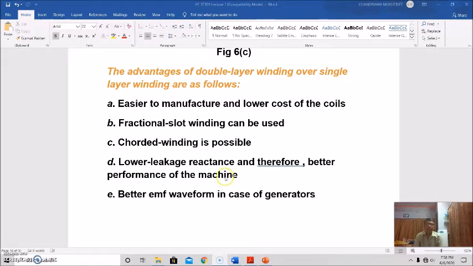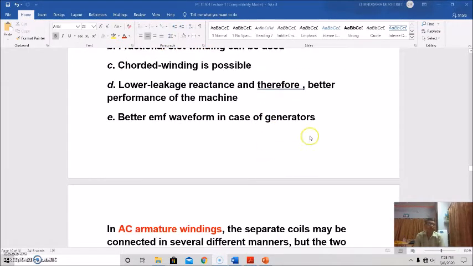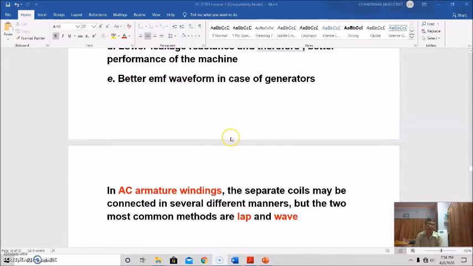So that's another thing. Lower leakage reactance shows a better magnetic path and better MMF actually. Better MMF means better magnetic path, which means better EMF waveform in case of a generator.